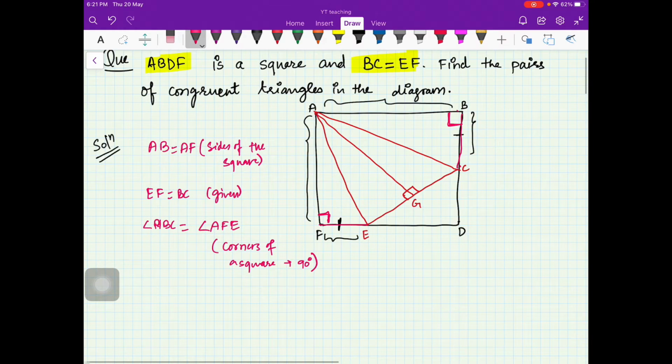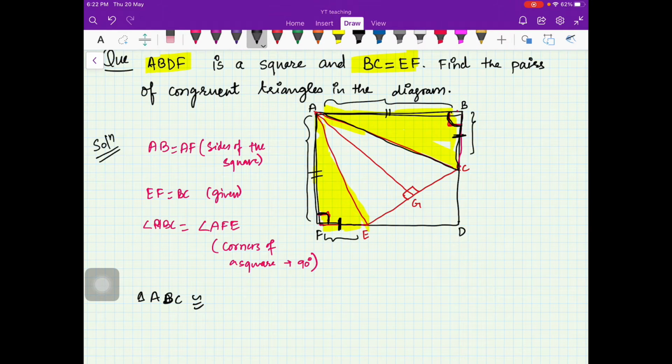Now look at this triangle AFE and this triangle ABC. Here two sides are equal: this side is equal to this side, and this side is equal to this side, and the angle between them is equal. So clearly triangle ABC is congruent to triangle AFE.